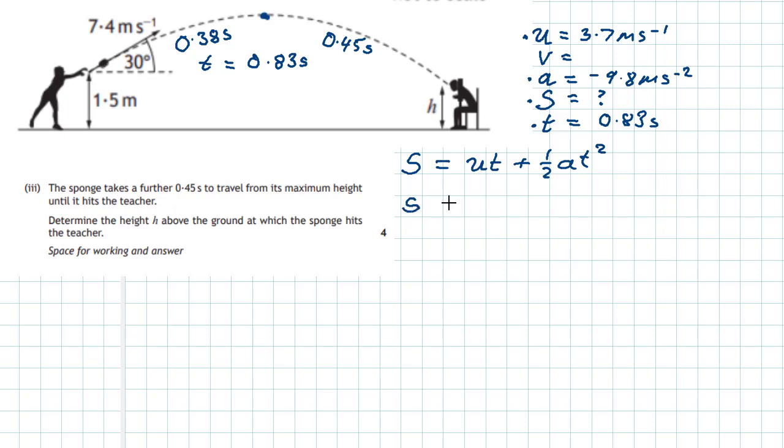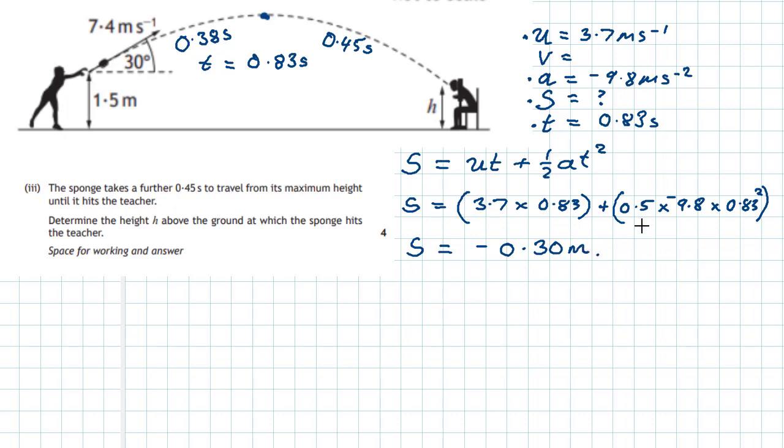So s, the displacement at that particular time, we'll use brackets to keep it tidy for a calculator, is 3.7 multiplied by 0.83 plus, we'll change the half into 0.5 as a decimal for our calculator, multiplied by minus 9.8 since the acceleration of gravity is acting downwards, and we have to multiply that by 0.83 squared since that's in the equation. Plug that into your calculator and we end up with an answer of minus 0.30 metres.